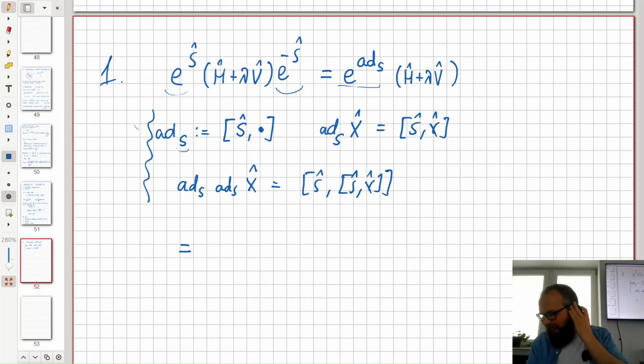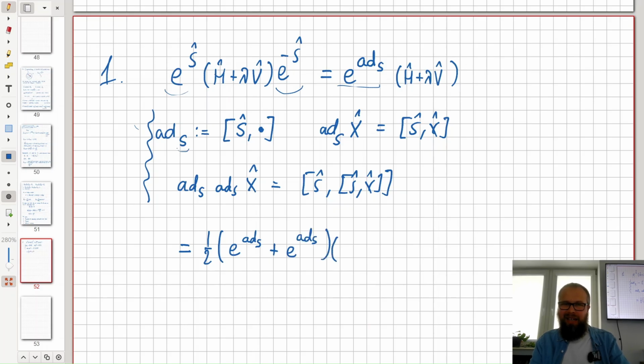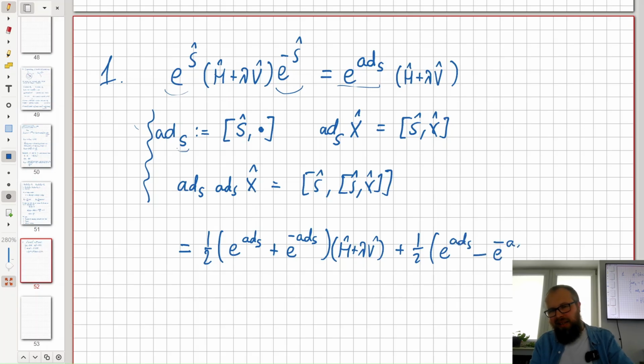The first thing they are doing is, okay, we can add and subtract some stuff. They say, let us add here one half of e to the ADS acting on H plus lambda V, and let's subtract, oh sorry, minus here, e to the minus ADS acting on H plus lambda V. So you see what we did here?